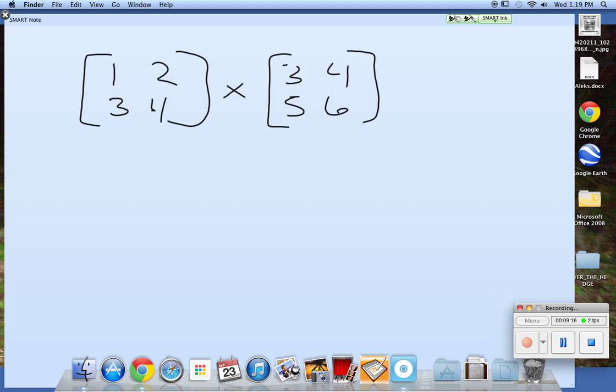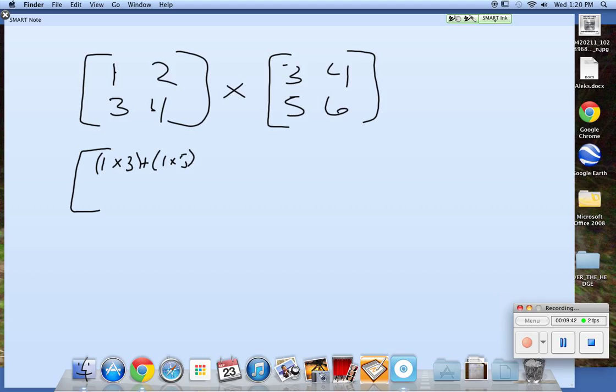You have to multiply the 1 times the 3 and the 2 times the 5 to come up with this. 1 times 3 plus 2 times 5. And that's this number up here.